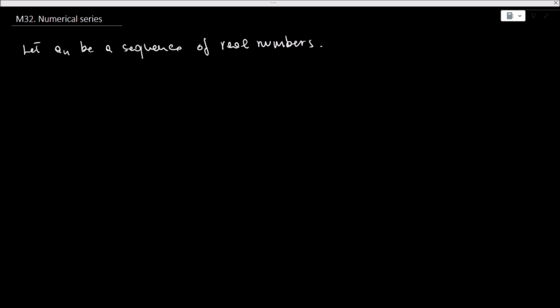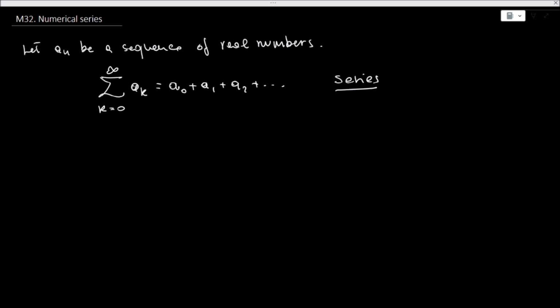We define the sum for k goes from 0 to infinity of ak, which is nothing else than the sum of all the elements of the sequence, as the series. So this is the series corresponding to the sequence an.